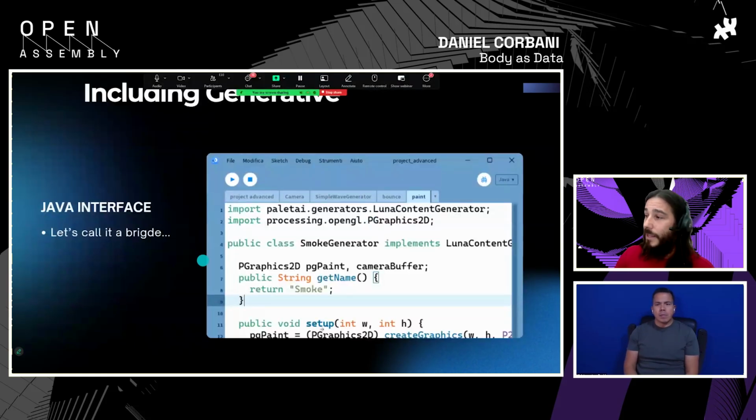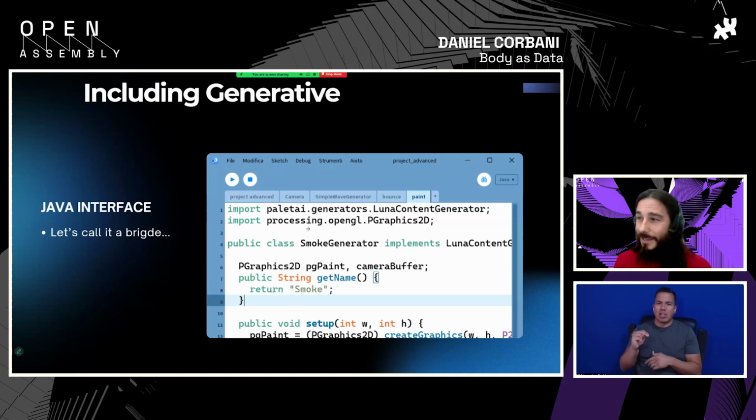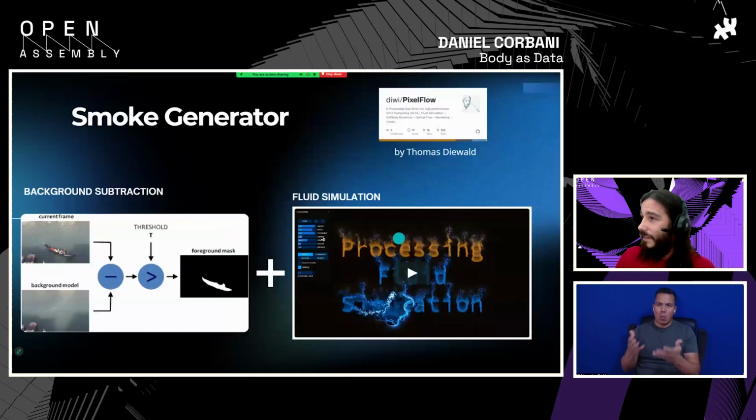Optionally, you can create some generative content like I did. I won't get into technical details. Let's call it a bridge. So if you do it the way it is in the example, Luna will see the content as if it was a video.